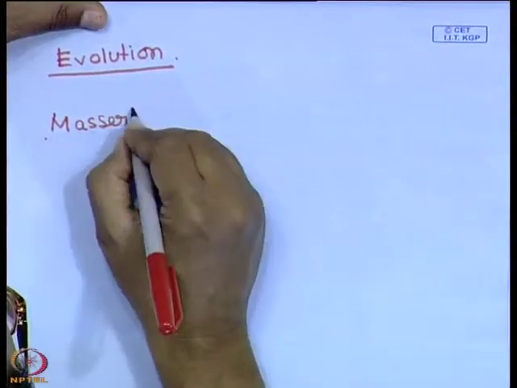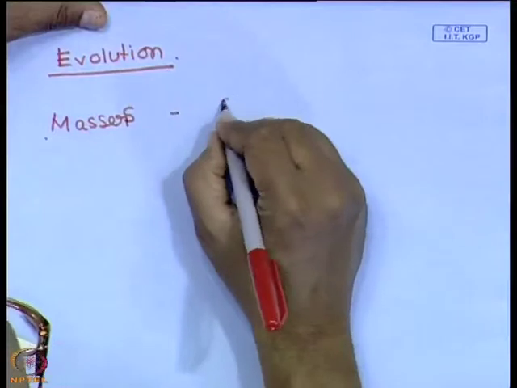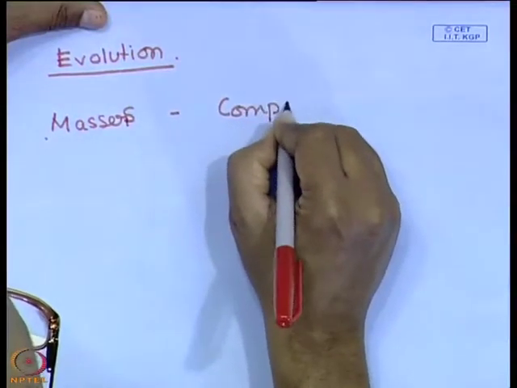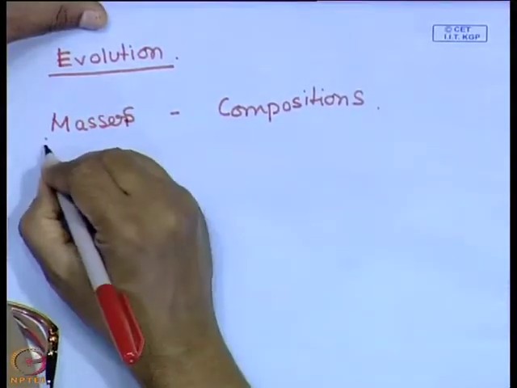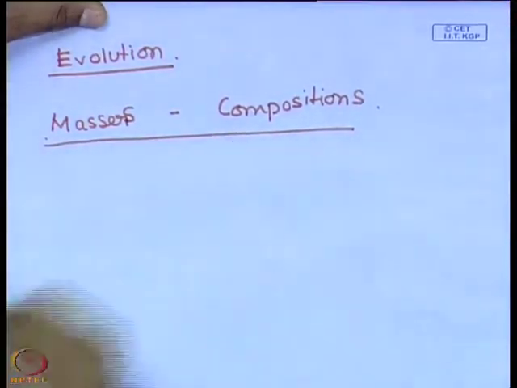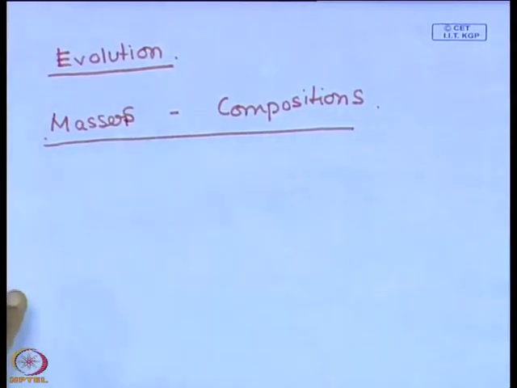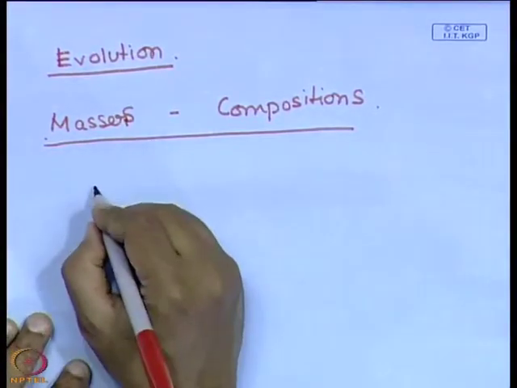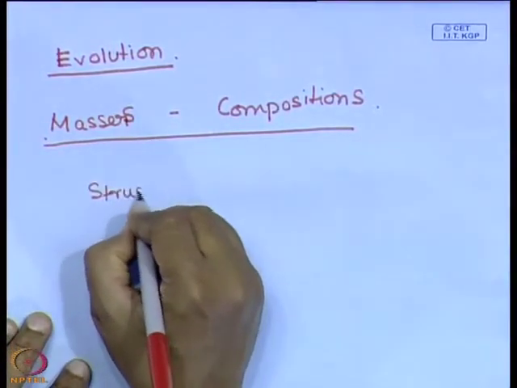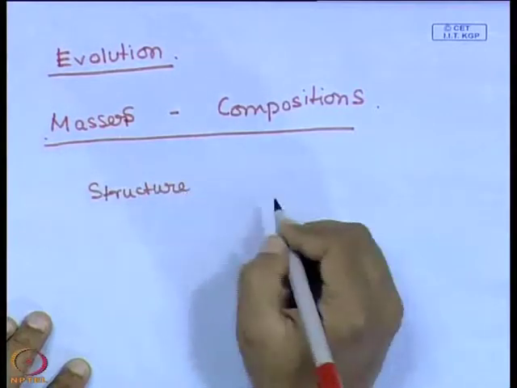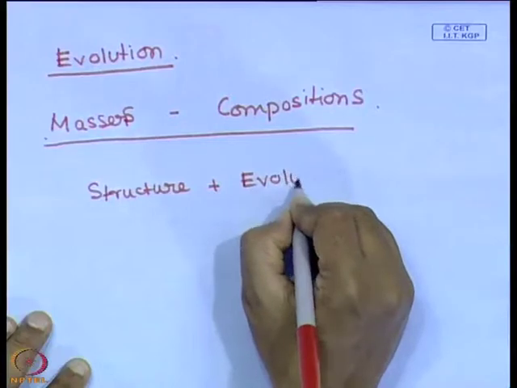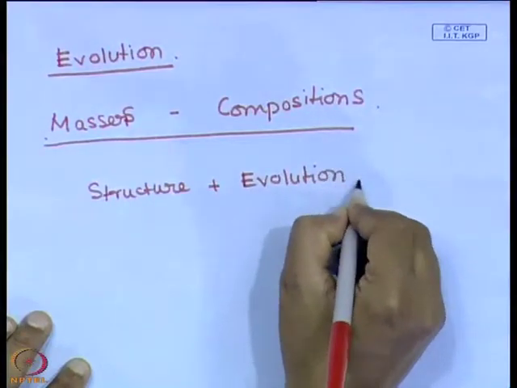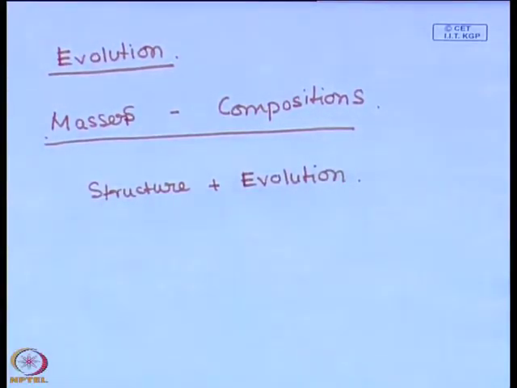okay, other masses and other compositions. So, one could vary the mass and the composition and study the structure and evolution of stars in general, of a wider range of stars.